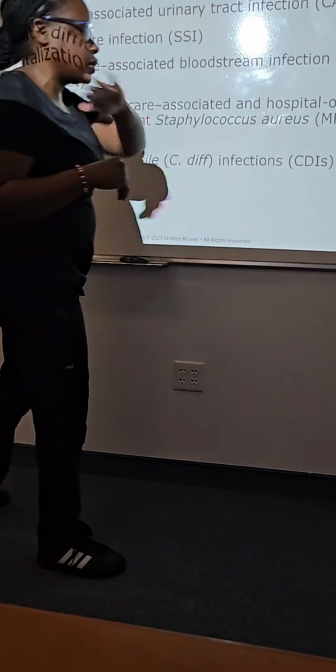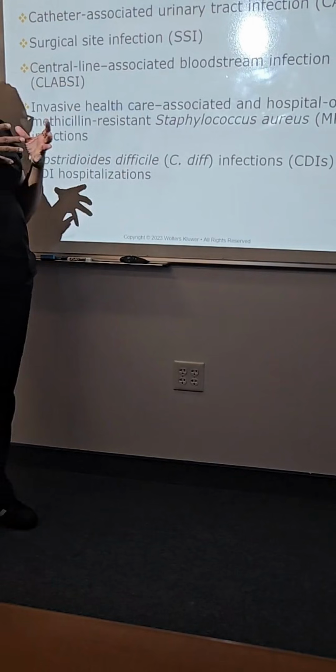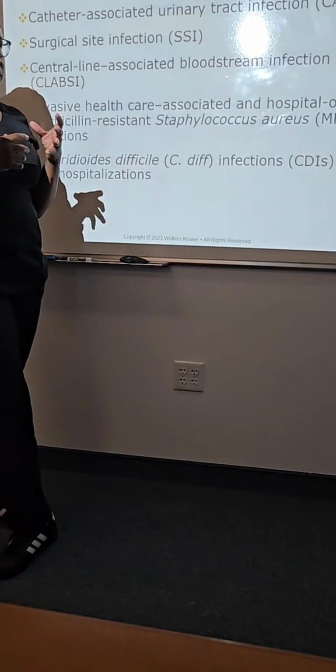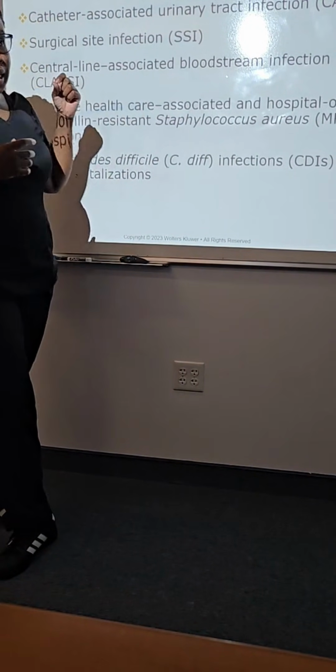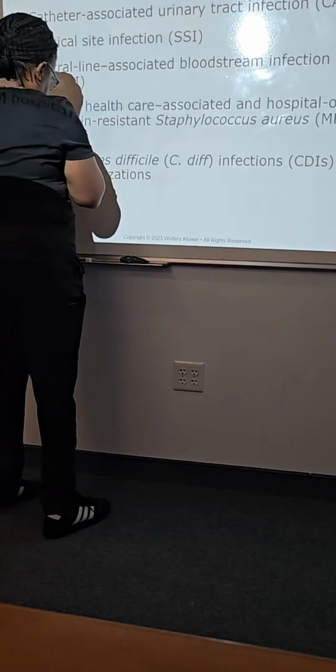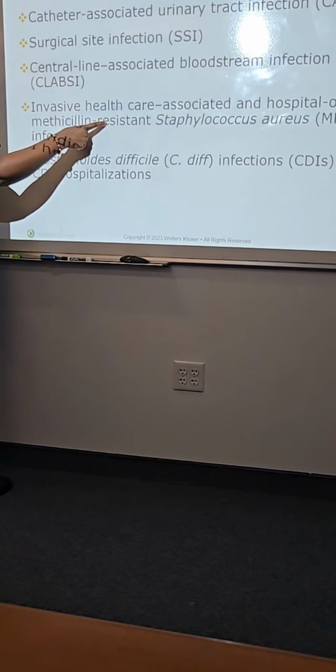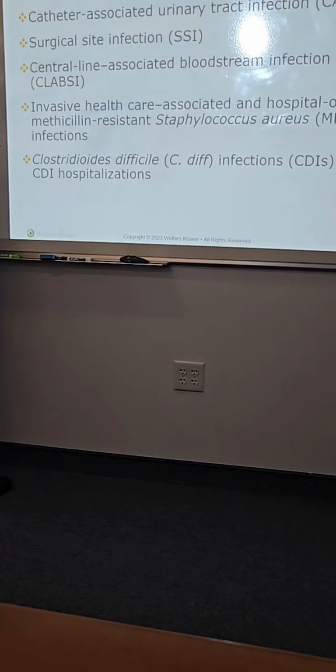Methicillin-resistant Staph aureus. In the first 2 words alone, what does that tell you? That it's contagious. It can be, but let's stick to these 2 words. Resistant to what? Methicillin.